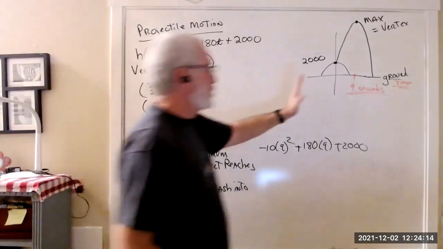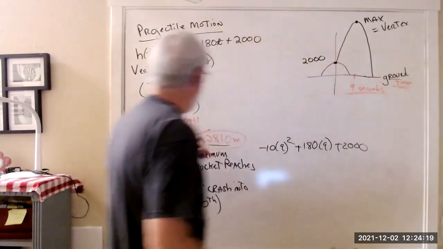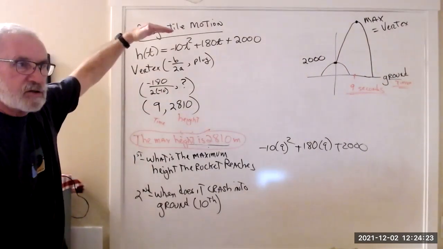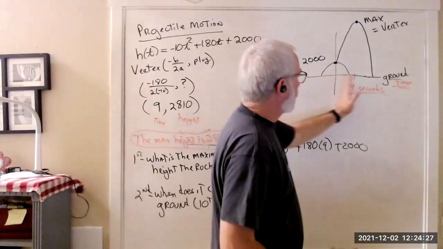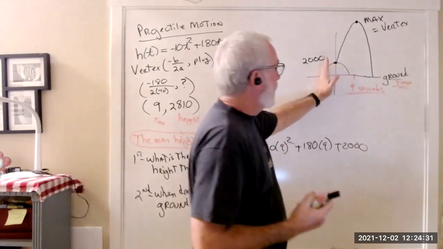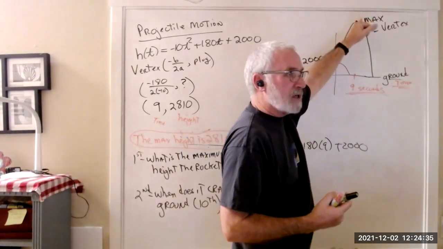Time starts at 0 and goes forward. And what we used to think of as the y value is actually the height. As time goes forward, starting at 0 time, it'll be at 2,000 meters. As time goes forward, it'll go up higher, reach its max, and then come down.